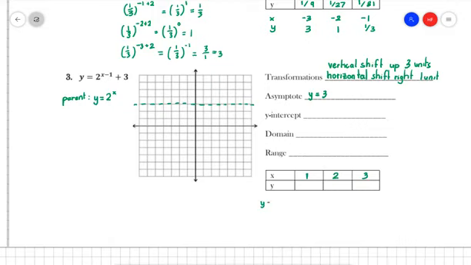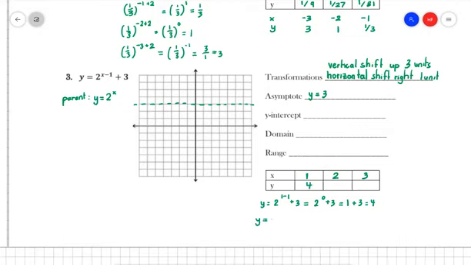So y would equal 2 to the power of 1 minus 1 plus 3. So y would equal 2 to the power of 0 plus 3. Anything to the 0 power is 1, so 1 plus 3, which is 4.